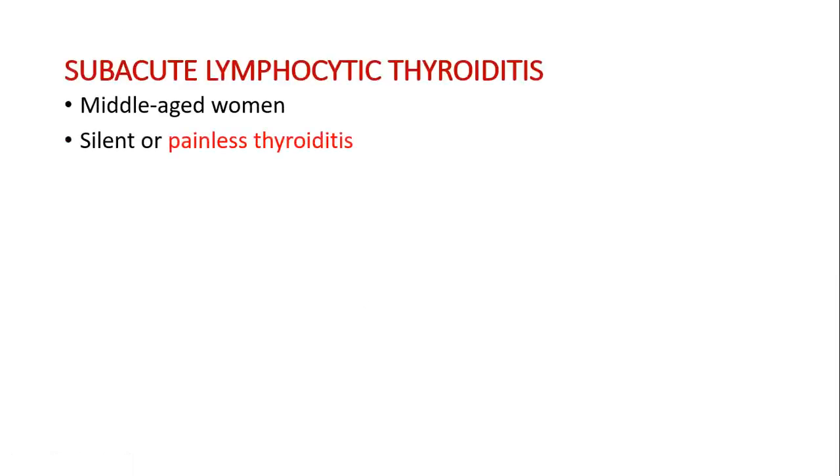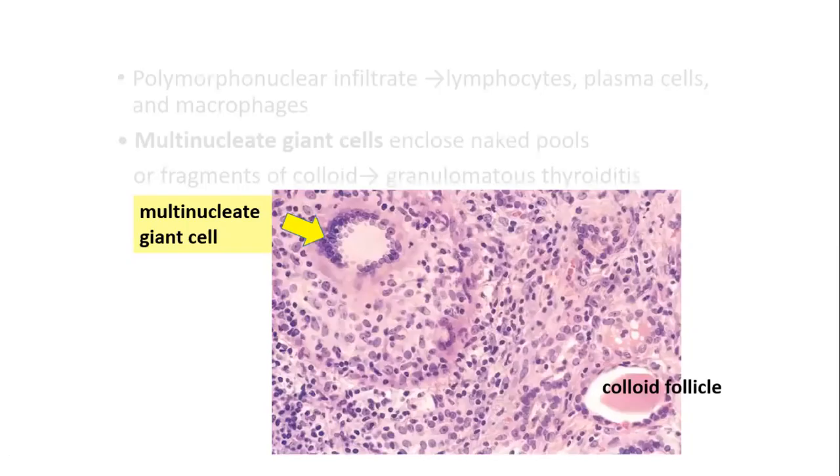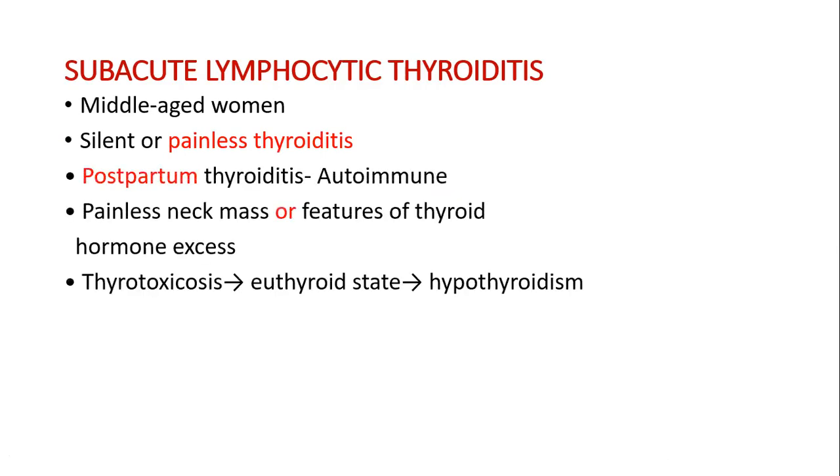Next is subacute lymphocytic thyroiditis, usually seen in middle-aged females, the same age group, but no pain here. It is silent, or usually seen in postpartum conditions, and can be of autoimmune origin.